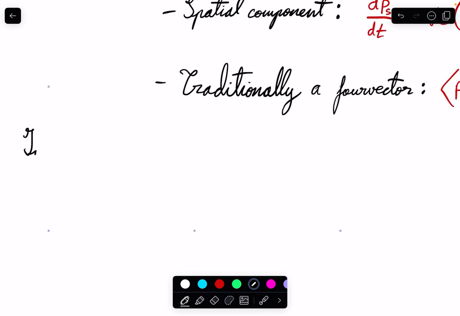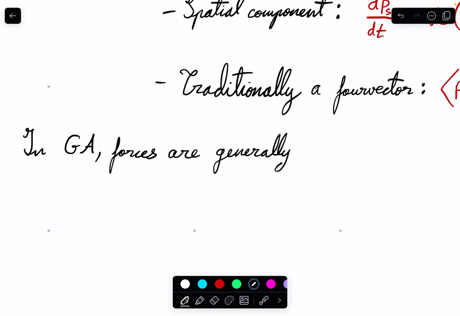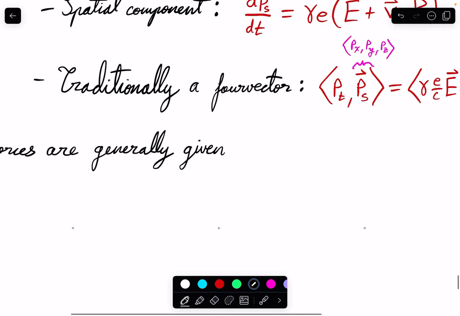So in geometric algebra, in GA, forces are generally given by commutator products.